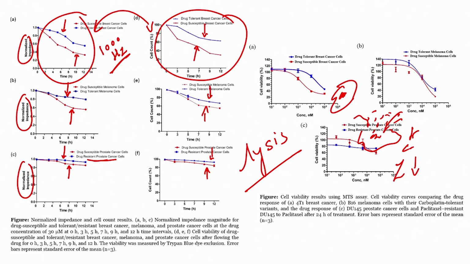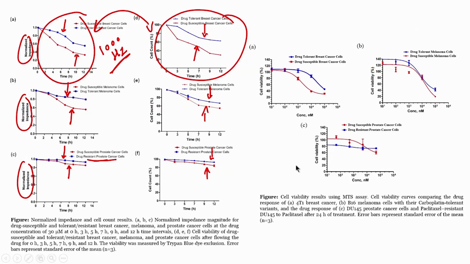Now this particular technique is not so sensitive that it can measure a single cell dying, okay. A group of cells should die, and then we have to understand how many cells are dying to understand the sensitivity of the platform. However, for the given study we could clearly see that there is a correlation between the number of cells dying and impedance changing. So, what do D, E and F show?